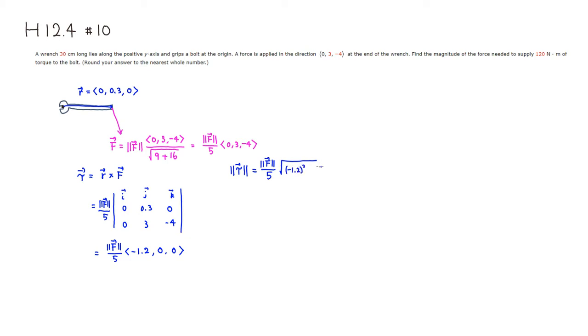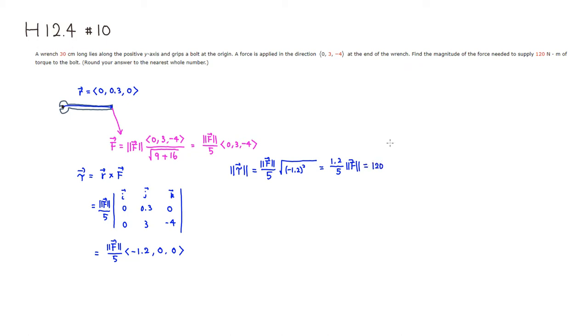So this is actually 1.2. So 1.2 over 5 times the magnitude of F.